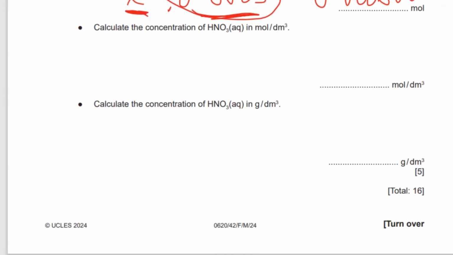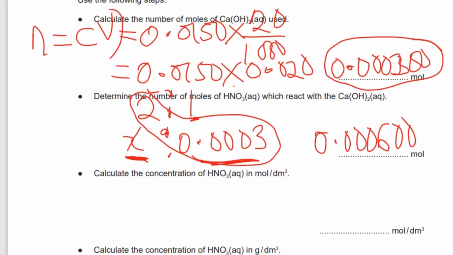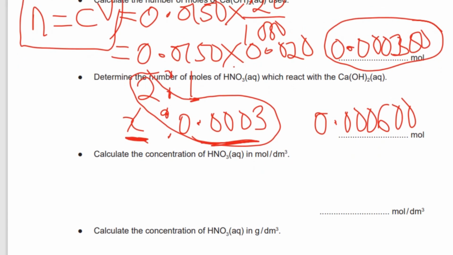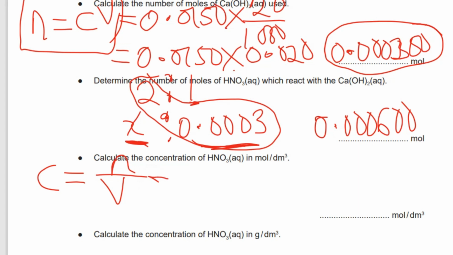Now calculate the concentration of nitric acid, HNO3, in mole per dm³. You come back to this formula, n equals CV. So you make C the subject: C becomes n over V. Remember, your volume has to be in dm³, so you convert your volume to dm³.